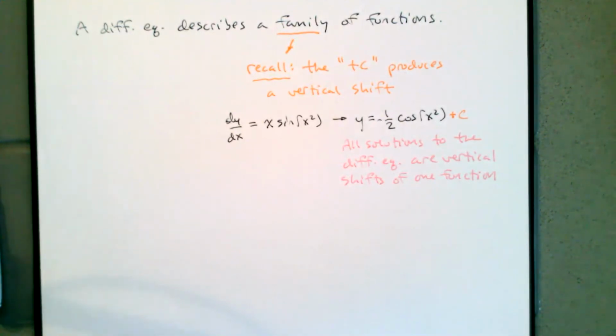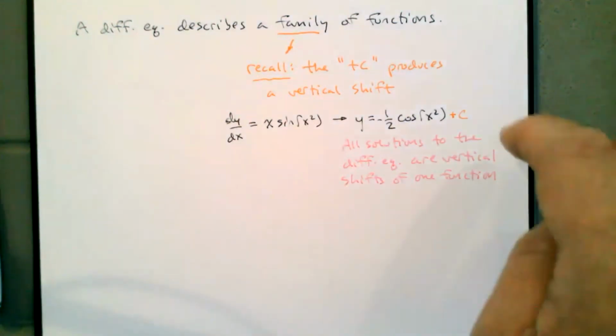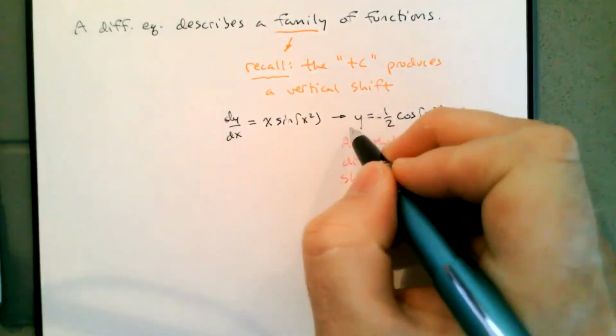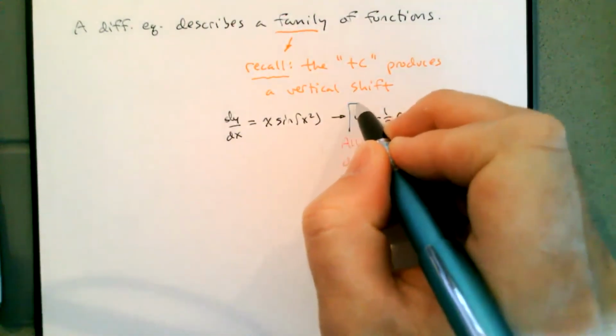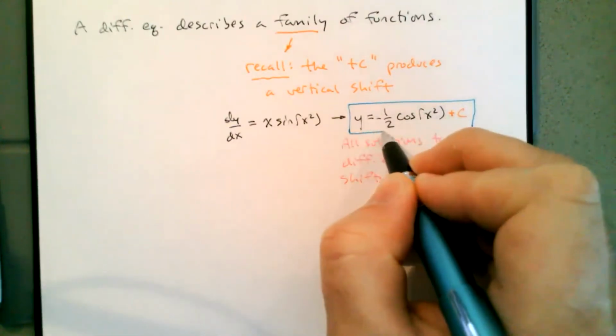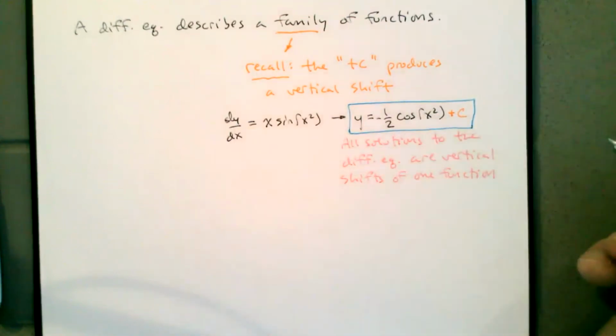So we can figure out a particular solution if we have information that will tell us the plus c. An additional piece of information is required to figure out what the plus c is. We would refer to this, the minus 1/2 cosine x squared plus c, as the general solution, in the same way that we referred to it as the general antiderivative back when we were learning antiderivatives.